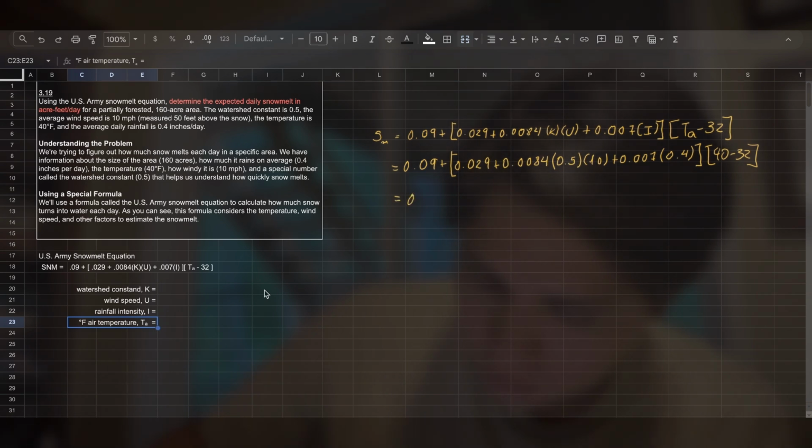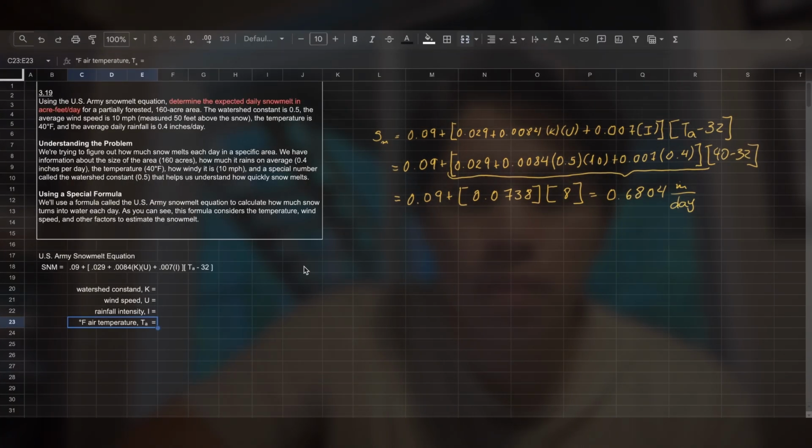This is going to be equal to 0.09 plus, the first bracket is going to be about 0.0738, and the second bracket is going to be 8, and that equals 68.4 inches per day. So technically all we need to do here is plug in the values.